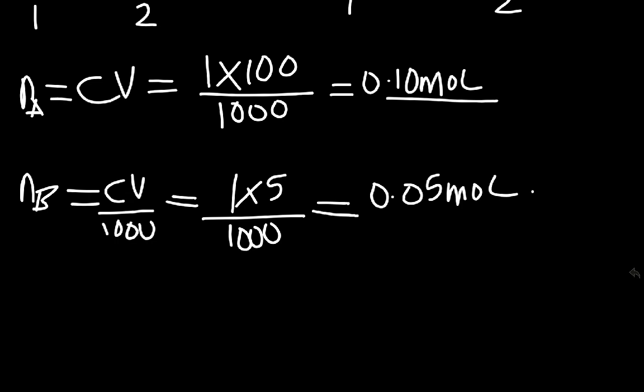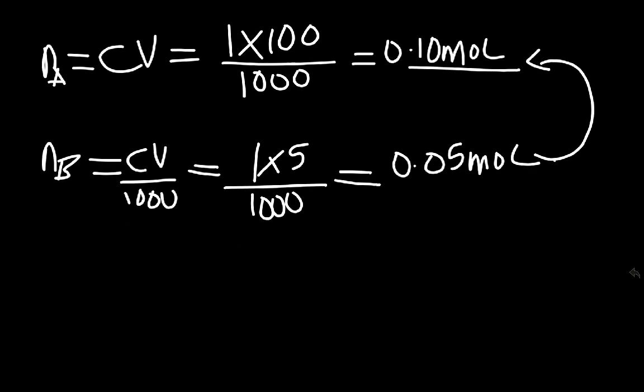Now at this point, you discover that the mole of the base is twice that of the acid. And how do you write this down? This is how you write it down. You would say the mole of the base equals 2 the mole of the acid.